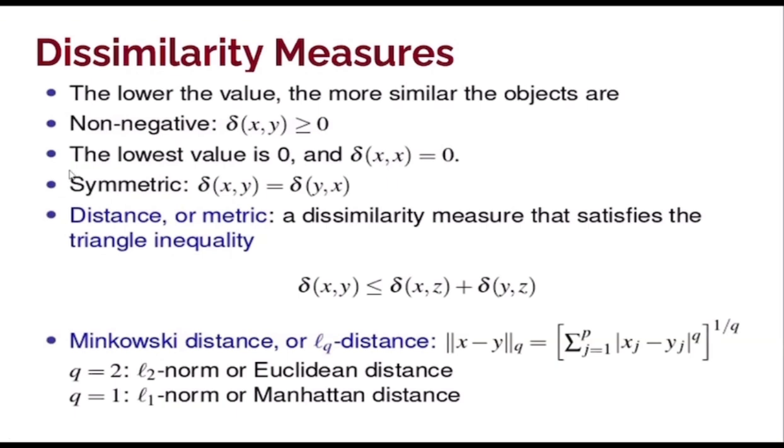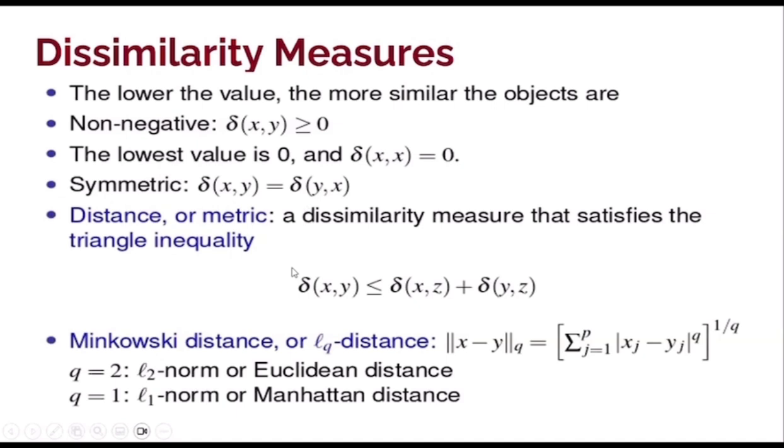Of course, there's also the property of symmetry, where the distance between X and Y is the same as the distance between Y and X. So we have some distance or metric. The dissimilarity measure needs to satisfy the triangle inequality.